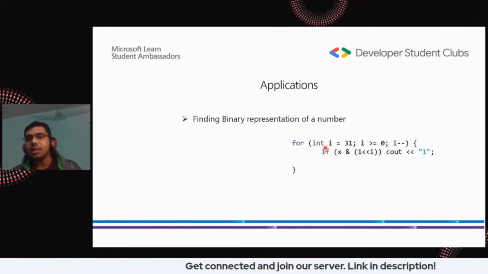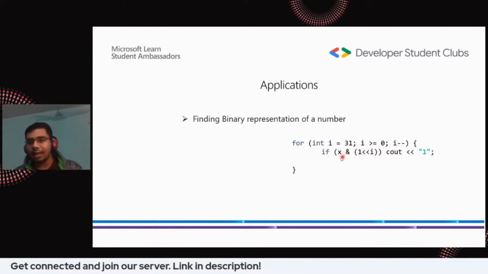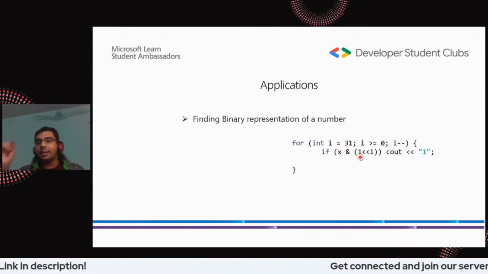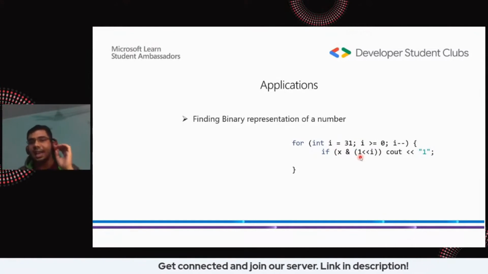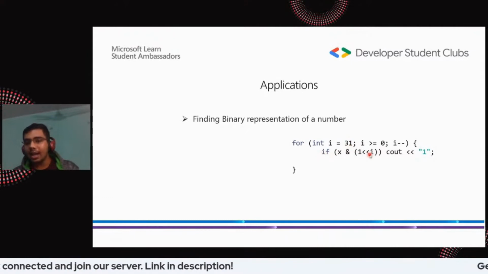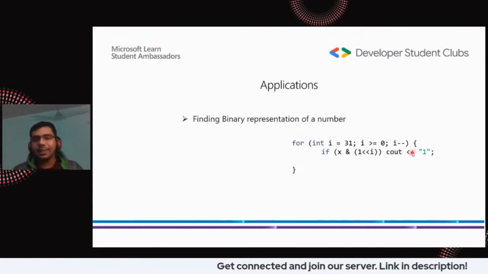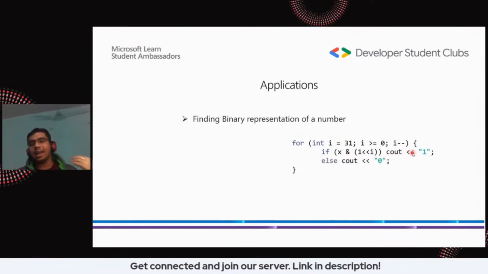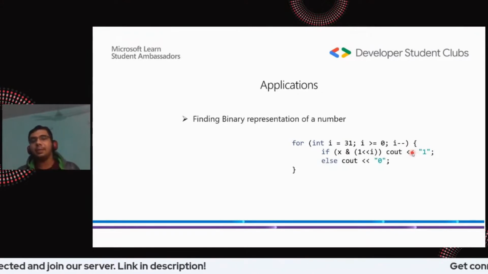The result of this operation will be 1 only when the ith bit in x is 1. So when this if is true, we print 1, and otherwise we come to the else statement and print 0. So this would actually give you the binary representation.